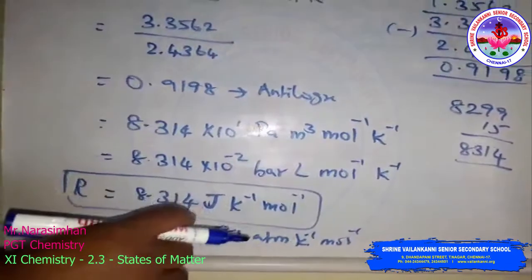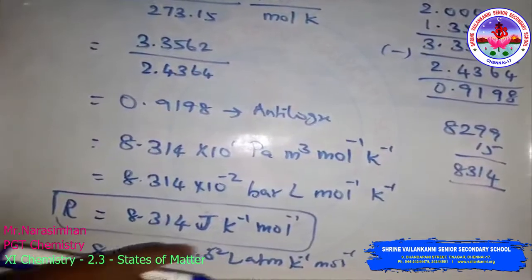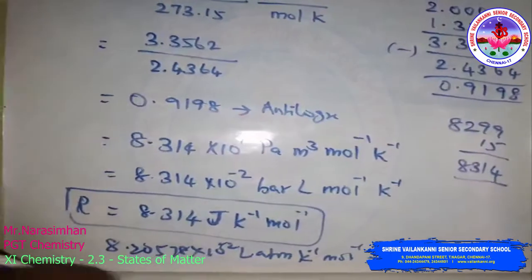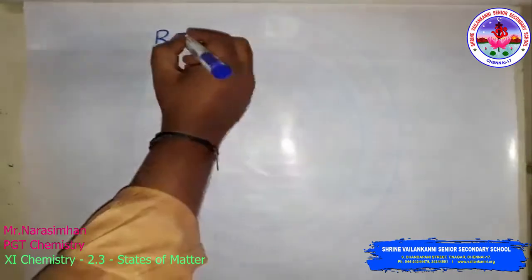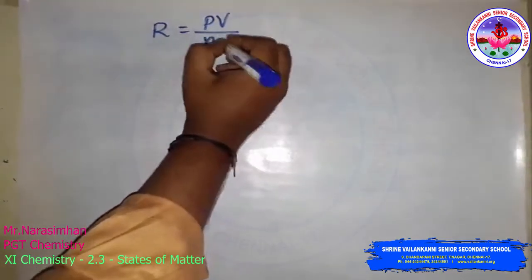So this is the ideal gas equation, that is a relation between the 4 variables and it describes the state of any gas, therefore it is called equation of state. Here the ideal gas equation is what? R is equal to PV divided by nT.